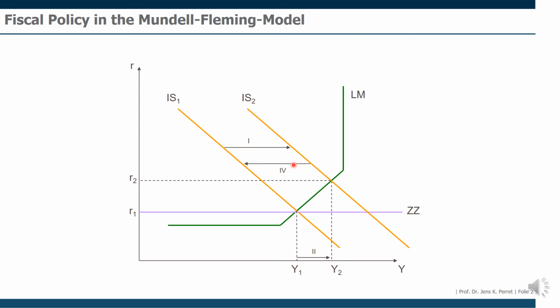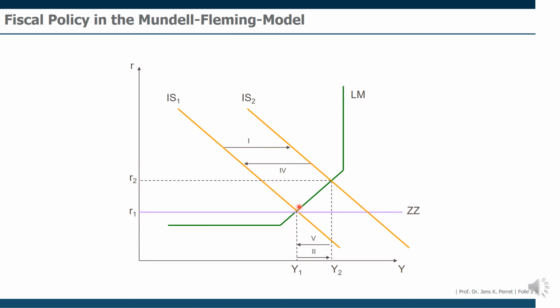And it moves as far to the left as it was originally, because in any other situation, the domestic interest rate will always be larger than the ZZ curve. Only here do we achieve the same situation as abroad. So only here will this effect stop. And well, we're basically there where we started.